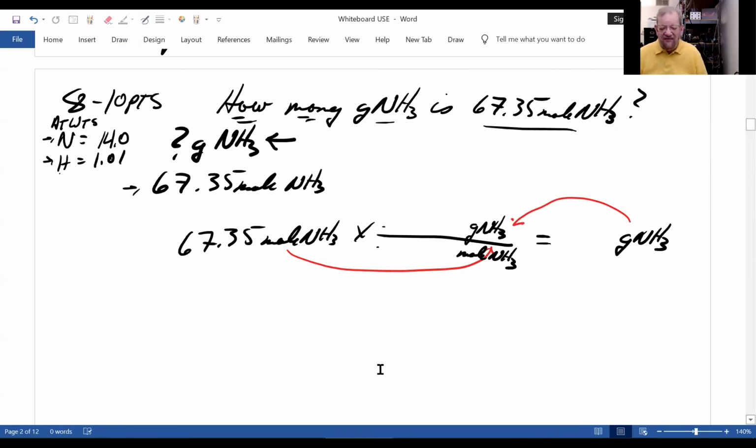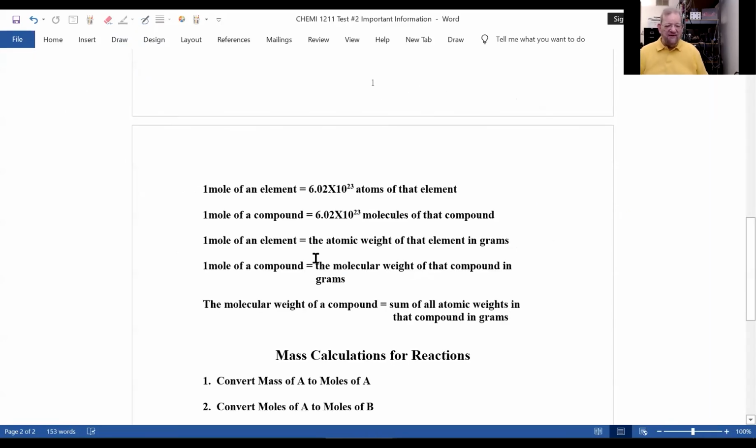Well, if you're taking test number 2, you look at important information, and 1 mole of a compound equals the molecular weight of that compound in grams. You're not given that, and you have to calculate it. The molecular weight of a compound equals the sum of all atomic weights of that compound. So first of all, we have to do the molecular weight of ammonia.